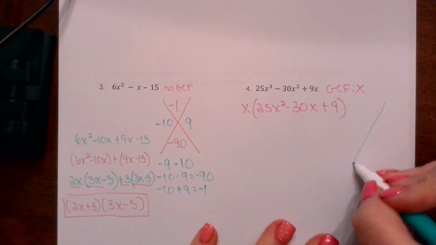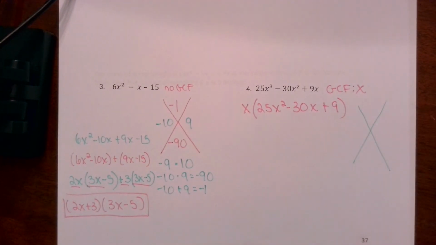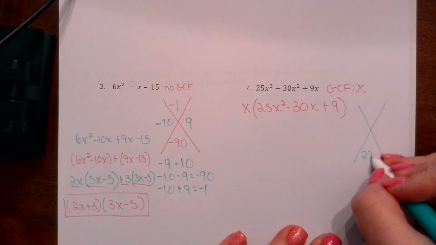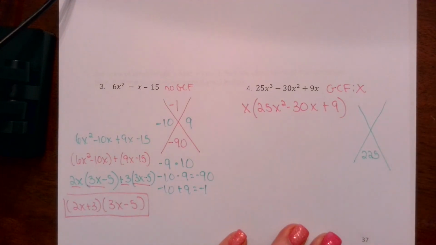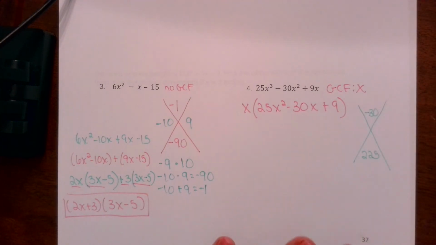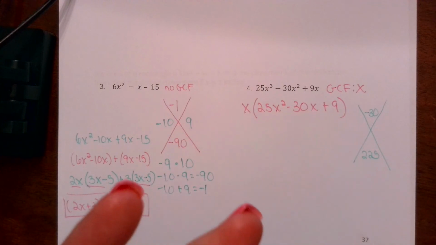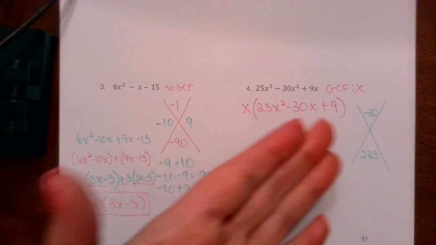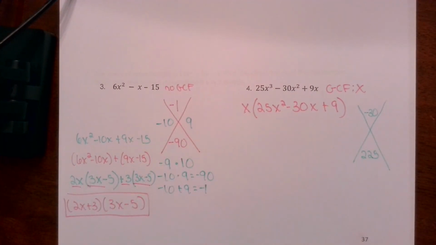Let's draw our x. And my number is 225, from 25 times 9. I'm already slightly unhappy with the size of that number, and b is negative 30. So lots of ways I know that 25 and 9 are factors. 25 plus 9, or even negative 25 plus negative 9 is going to be negative 34.